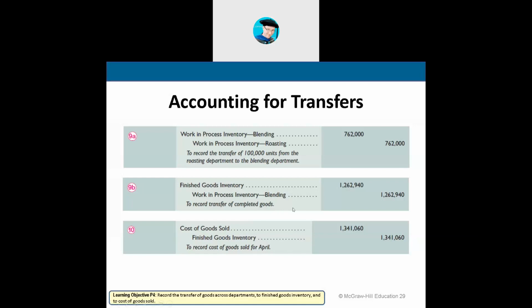It's similar to, I think it was maybe 2 weeks ago, when we were talking about the physical flow of the car when we were manufacturing the car, how it went from raw materials to work in process to finished goods. It's the same thing.